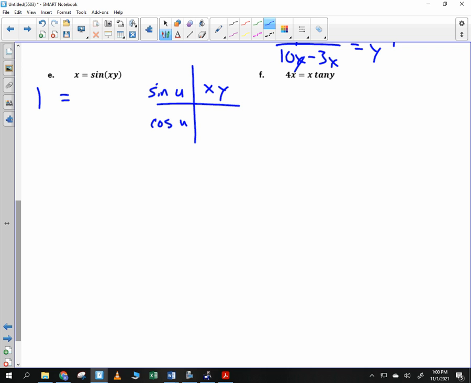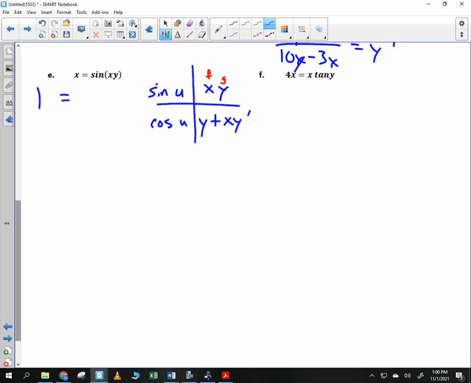How will I take the derivative of x times y? Product rule, right? X times y. So this is F. That's G. Derivative of x times G is y plus x times y prime.